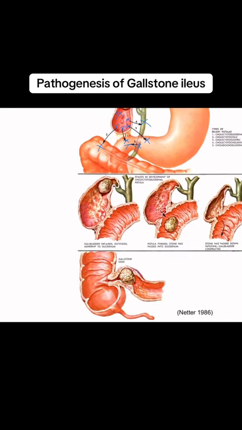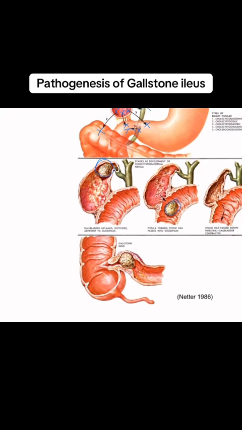Here you can see a large stone in there, an abnormal fistula. Completion, the stone is right in the enteric system. This could be large intestine or a small intestine, and eventually, in this case, the stone is stuck at the distal ileum. This is a small intestine, ileum, and this is large intestine. So the stone is stuck here, leading to gallstone ileus.